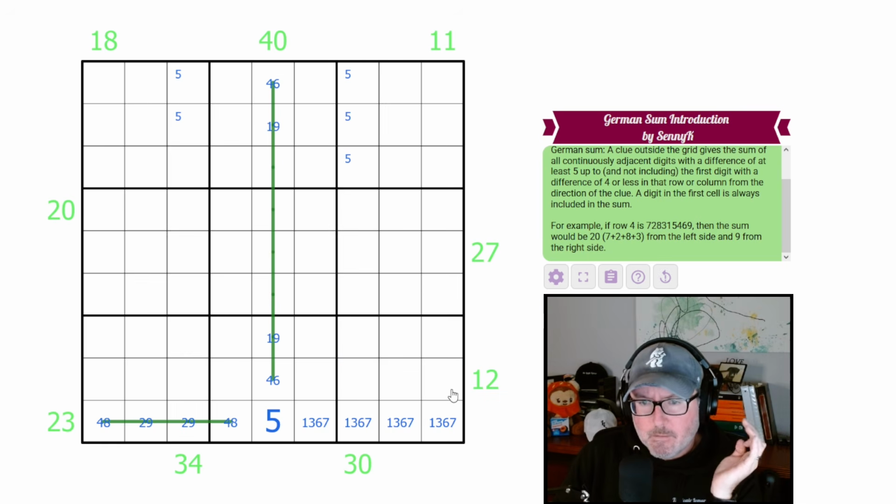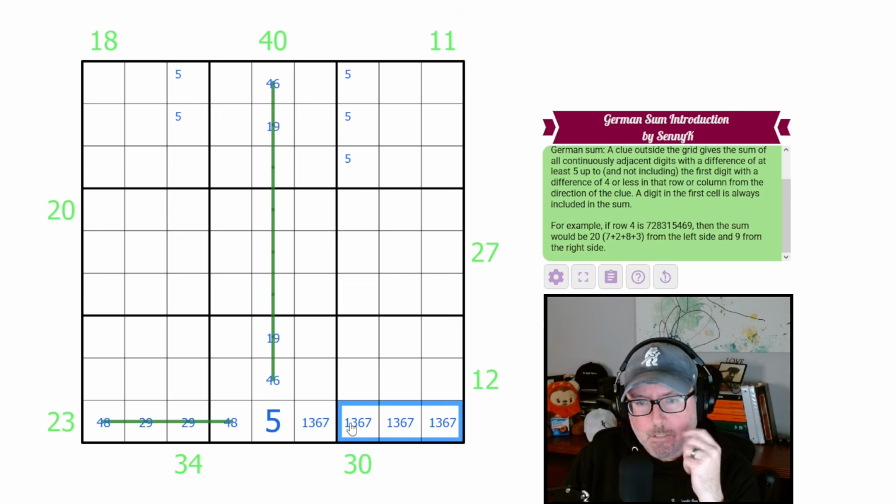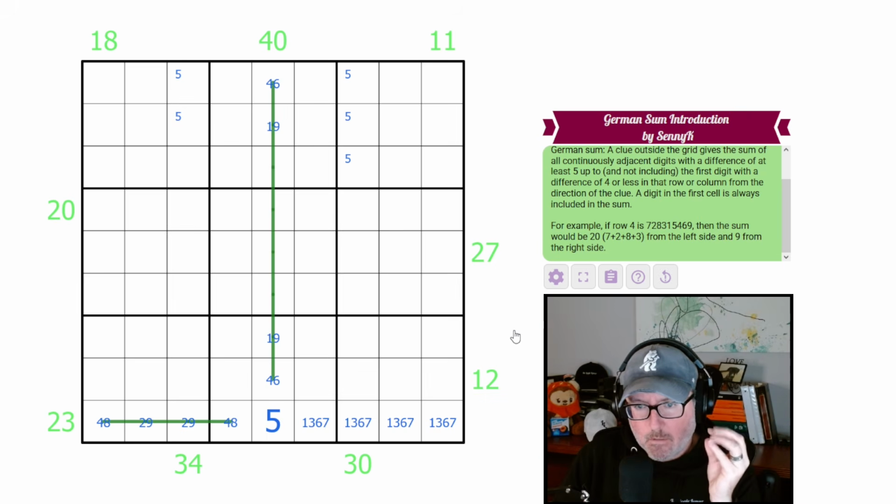Now, what would be the digits if it was 2 low digits and a high digit? A 1-2 with a 9 would work. 1-3 with an 8 would work. Well, 1-3 with an 8 can't work because we can't make that occur, because it would break this. And the second we go above the 3, we're forcing a 9, so that's never going to happen.